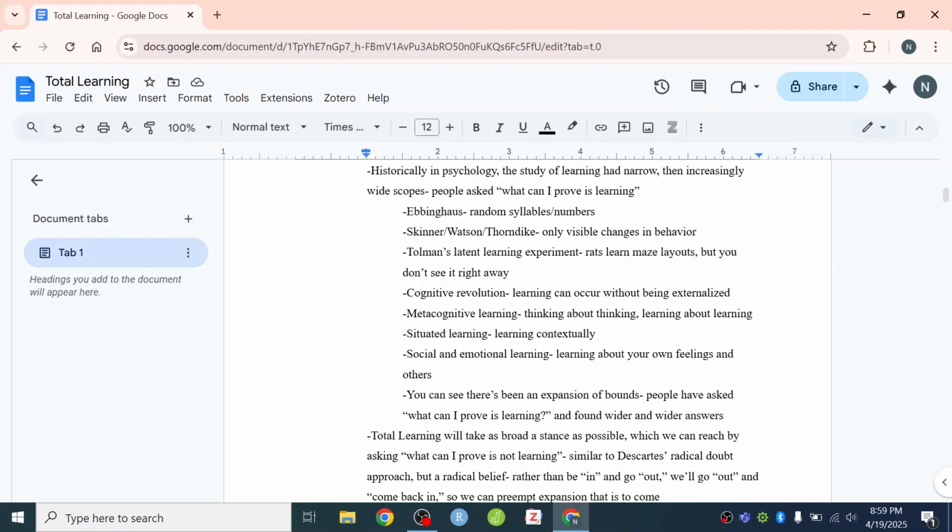More recently, and this is even a newer movement which is distinct from the cognitive revolution, you see the emergence of the idea of social and emotional learning, learning about your own feelings and the feelings of others. This idea that you can have a concept of your feelings, not just an experience of them, both of which inform the other. All of this is to say that you can see there's been an expansion of bounds.